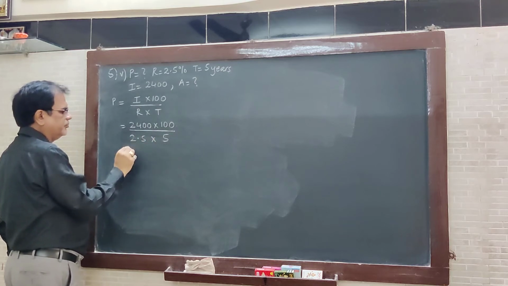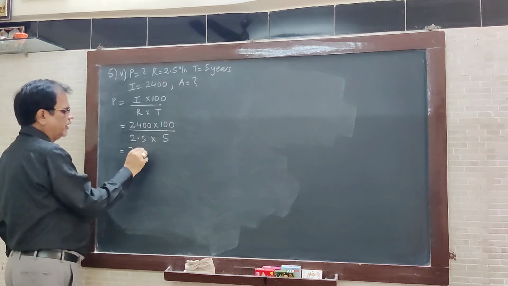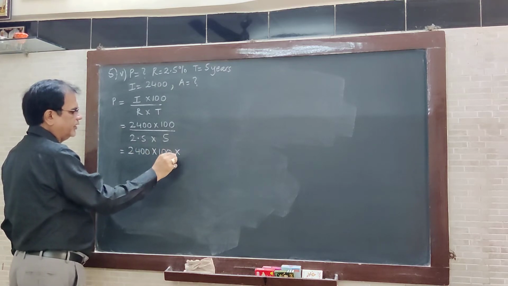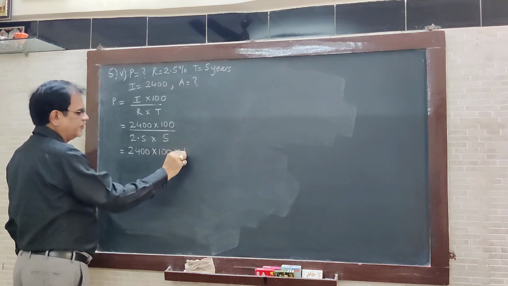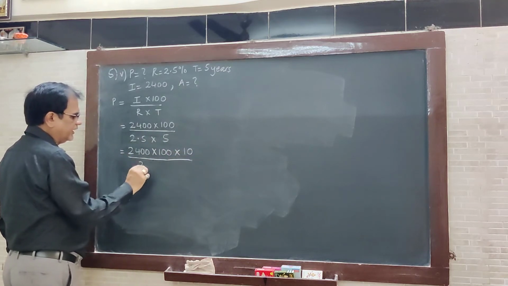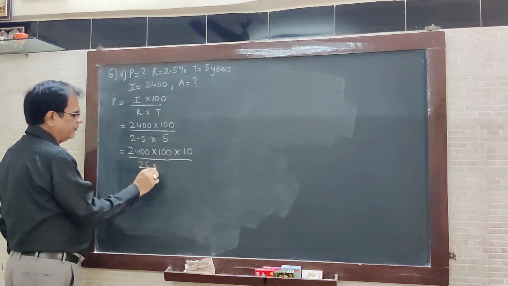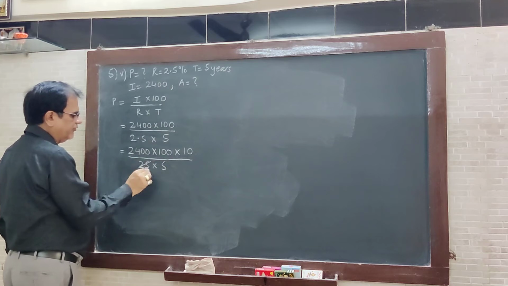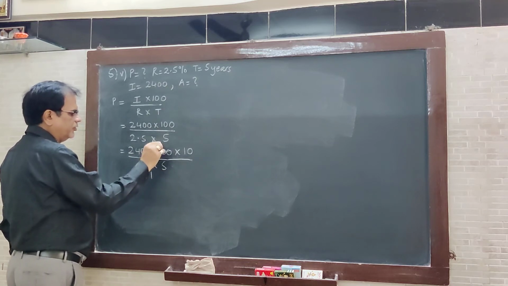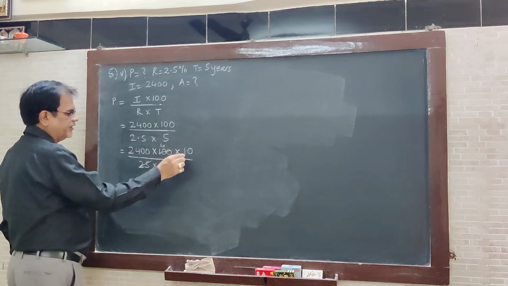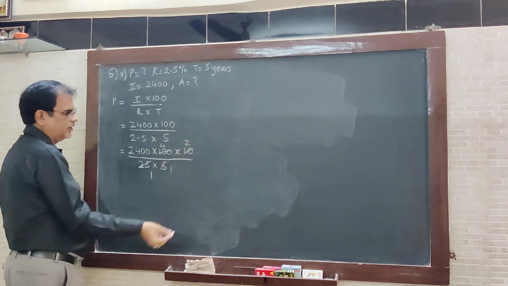We remove this decimal point out. So 2,400 multiplied by 100, remove the decimal point, so you put 10 over here, and down what you get now, 25 multiplied by 5. Okay, so 25 ones are 25, 25 fours are 100, 5 ones are 5, 5 twos are 10.